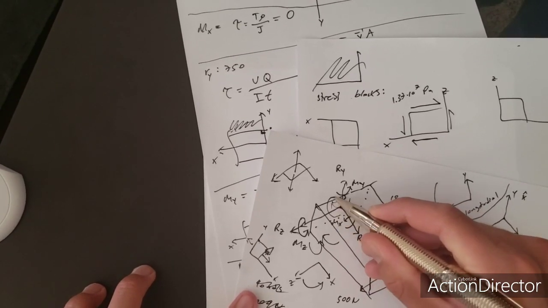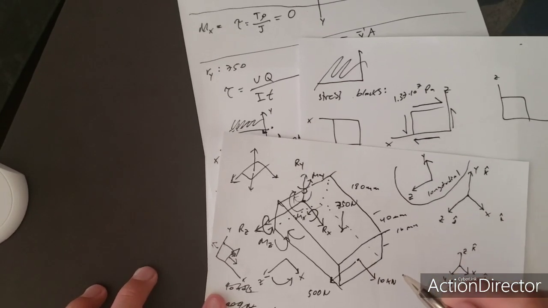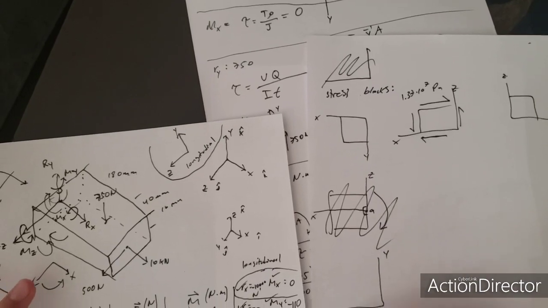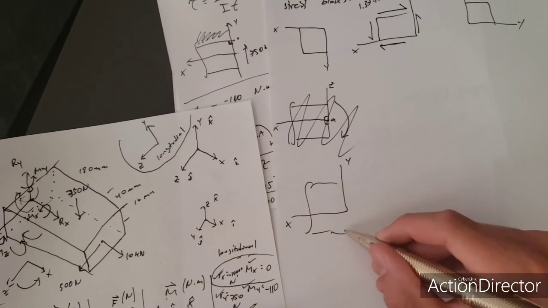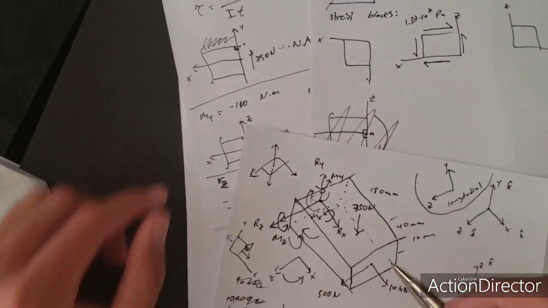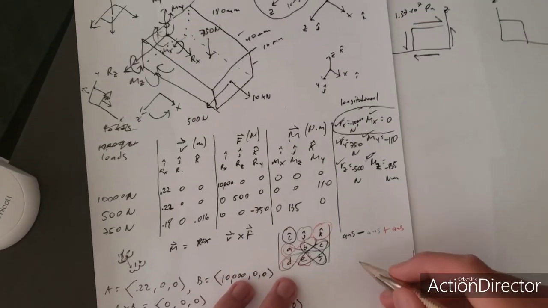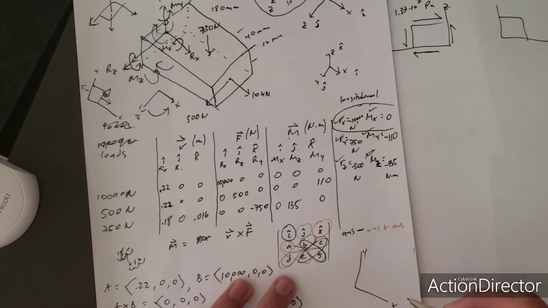So it's going from the x to the y. Okay, I think that should be right. So you guys can see it once again. This is the mz, this is y, this is x.